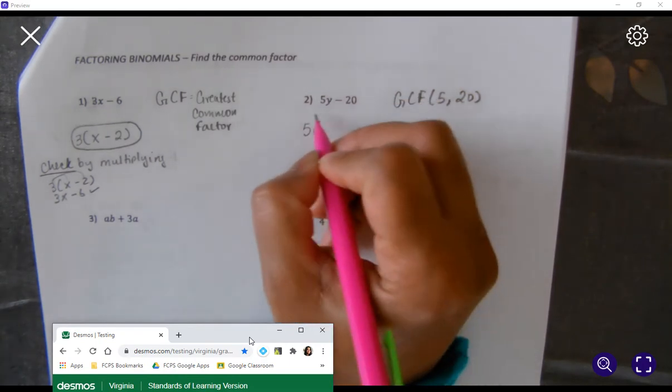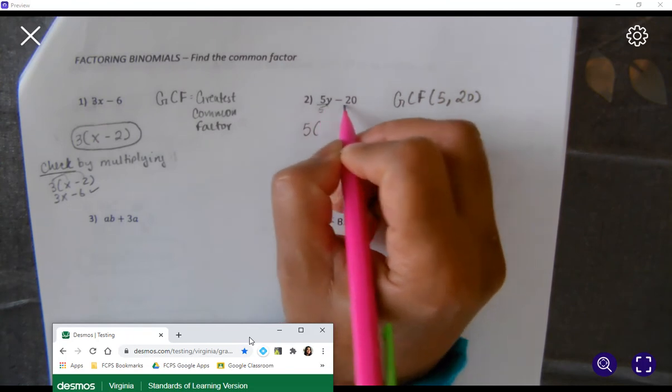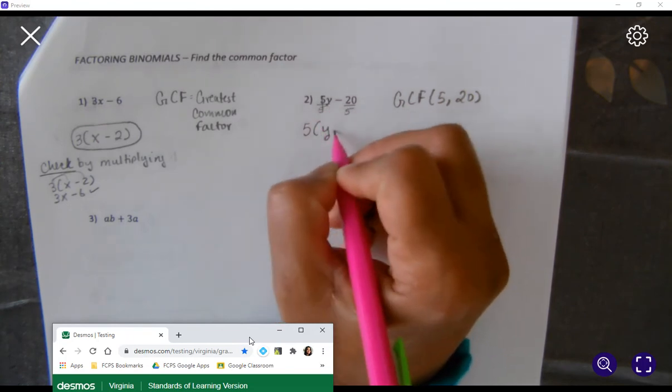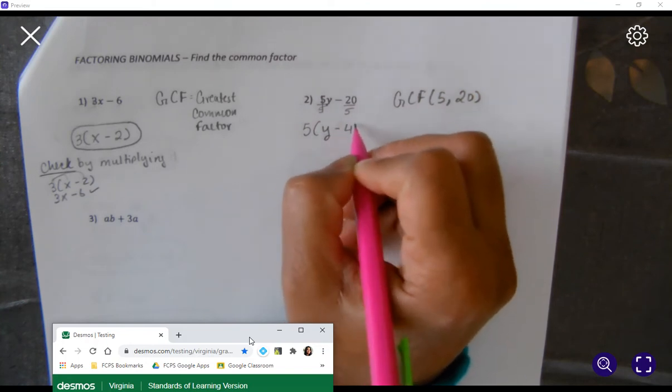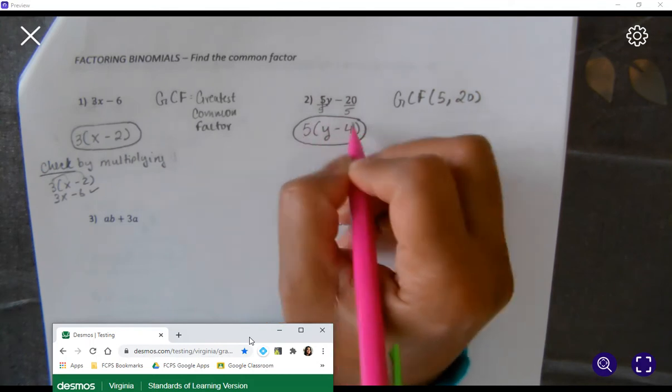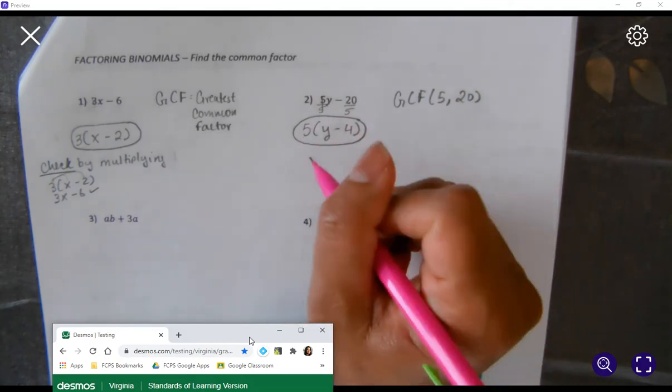And when I'm factoring out, I'm going to divide it out. So you have y, and then minus 20 divided by 5 is 4. Okay, and then you can always multiply it out to check your answer.